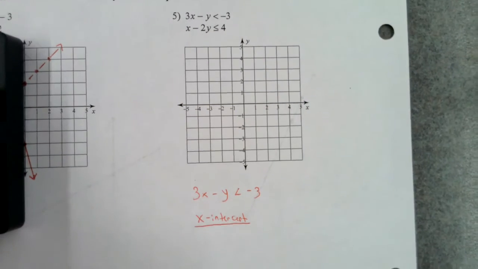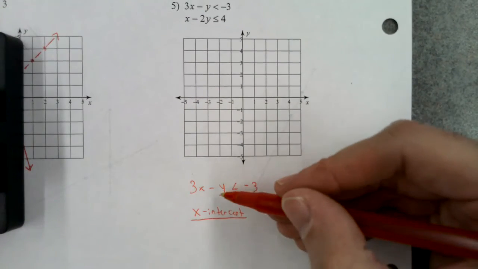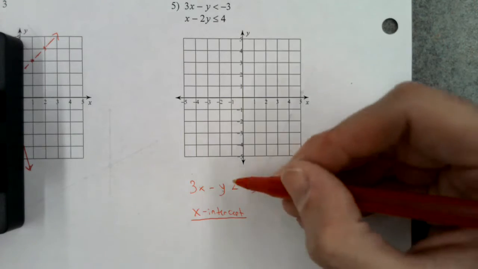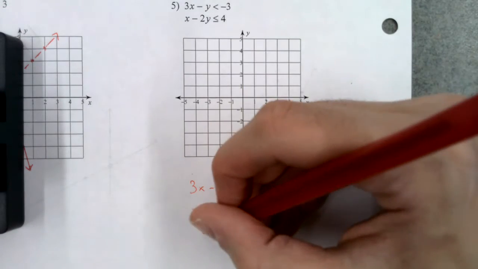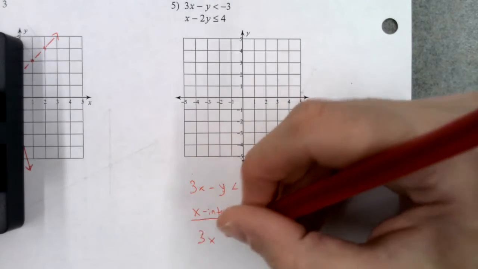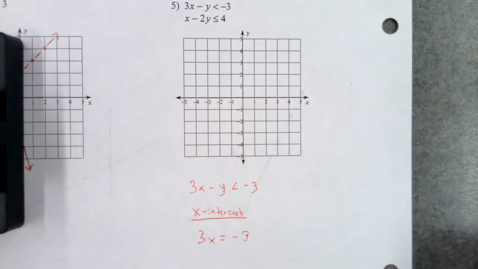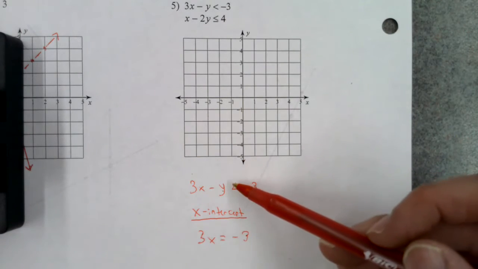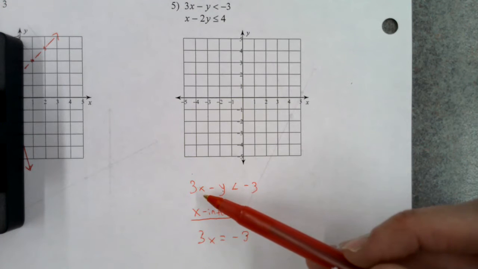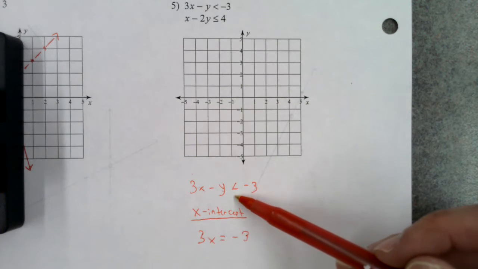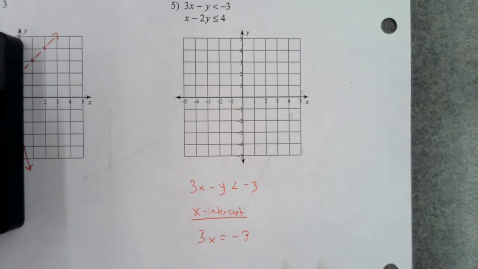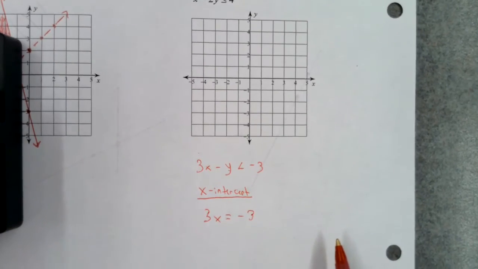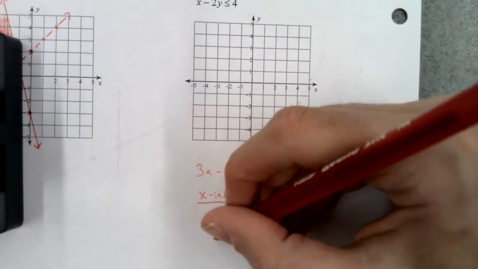For the x-intercept, ignore y, replace y with 0, and then pretend it's equal to. So pretend you have 3x equals negative 3. All you do is you replace the y with 0, the y goes away. You have 3x, pretend it's equal to negative 3. Solve that for x, you get x equals negative 1. So that's your x-intercept.